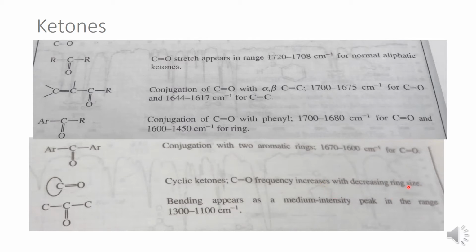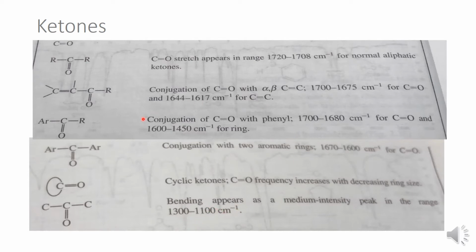The reason was explained in earlier classes; this increase occurs due to ring strain. In addition to the carbonyl stretching frequency in ketones, there is another important frequency, the carbonyl bending frequency, which appears in the region 1300 to 1100 per centimeter.